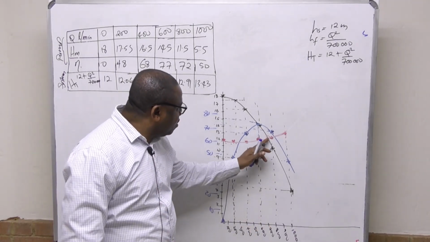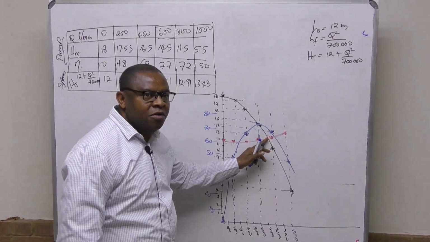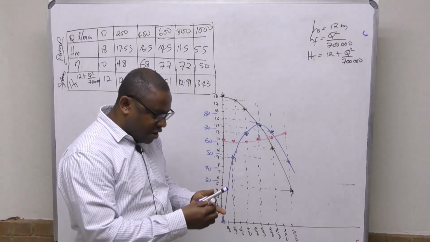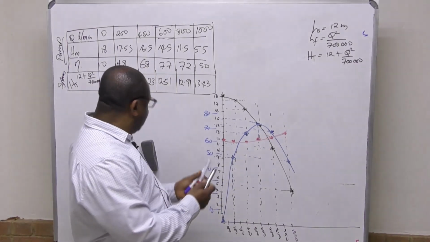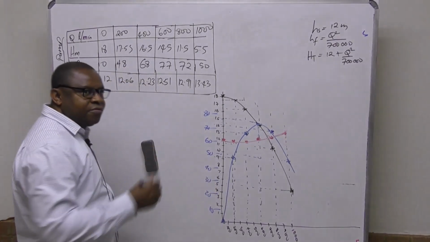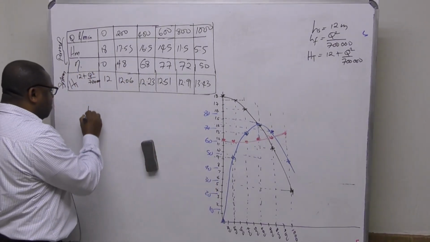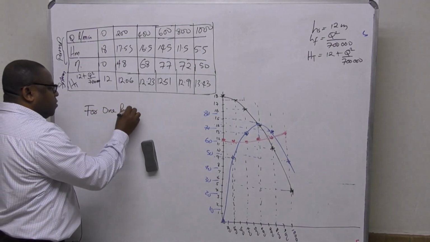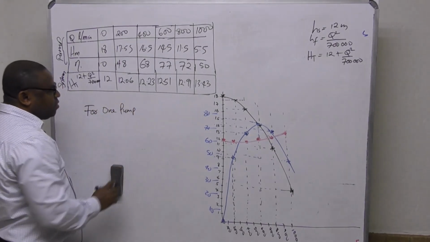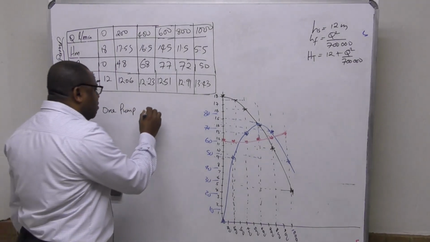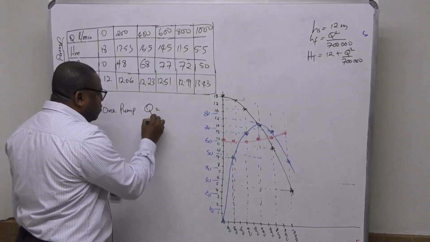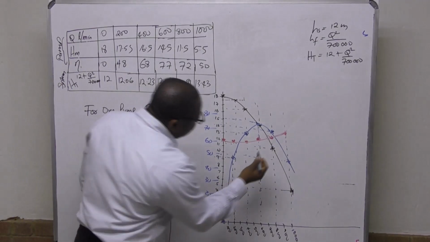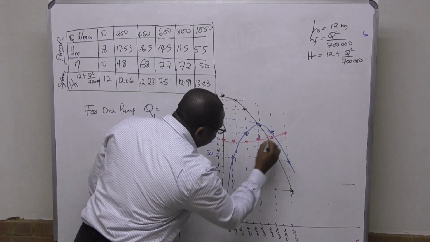So this point is where you get what is being pumped. So for just one pump, what will be Q? For me to get this, I need to trace this down.